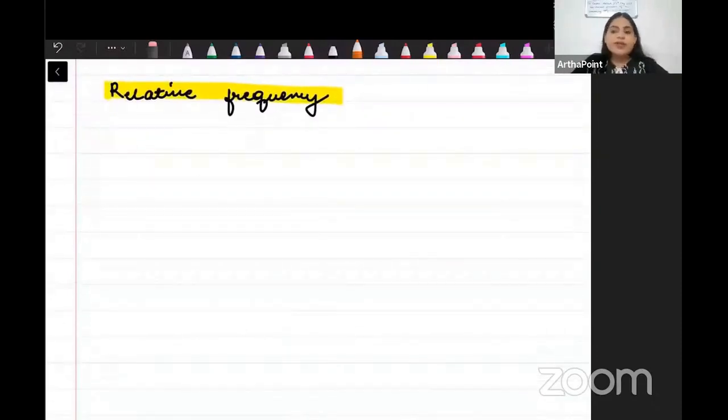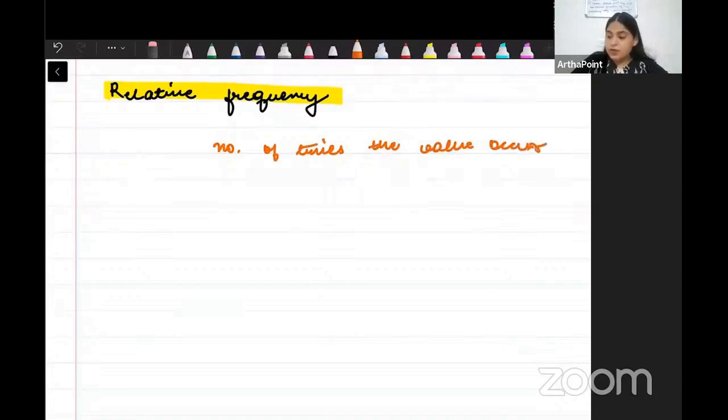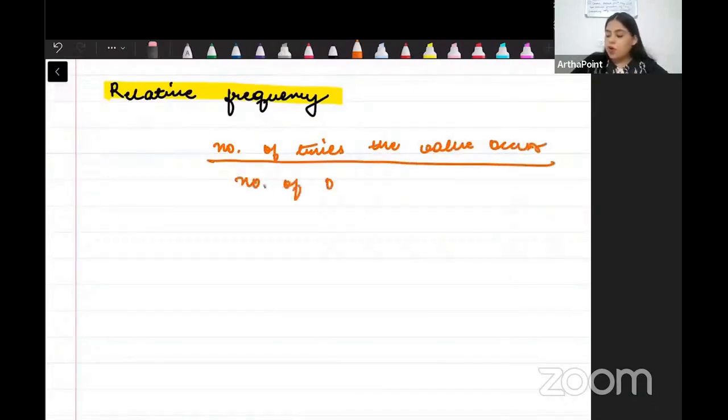A relative frequency is very important to make a histogram. And how do I make that? It is the number of times the value occurs, that means the frequency, divided by the number of observations in the dataset.